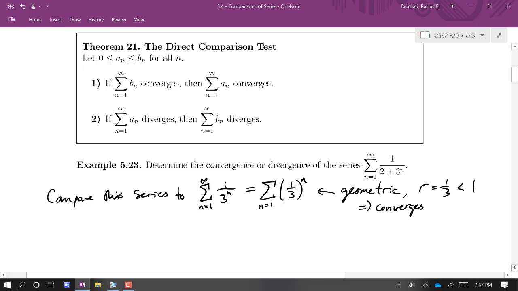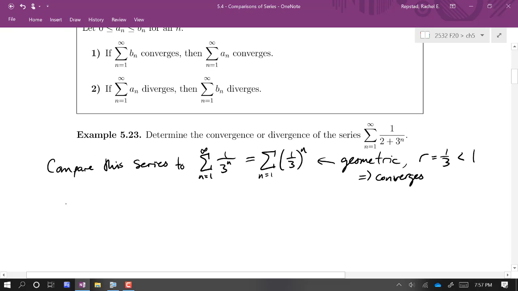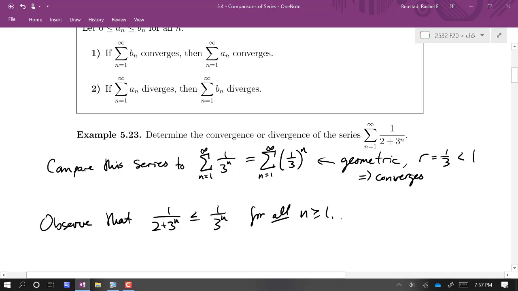Now let's try to apply this. We're going to apply term for term the terms in the series they gave us and the terms in the series I chose. So let's observe that 1 over 2 plus 3 to the n is less than or equal to 1 over 3 to the n for all n greater than or equal to 1.